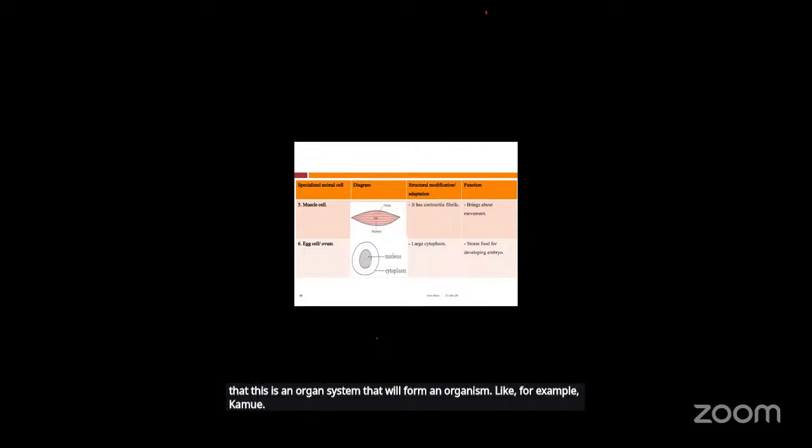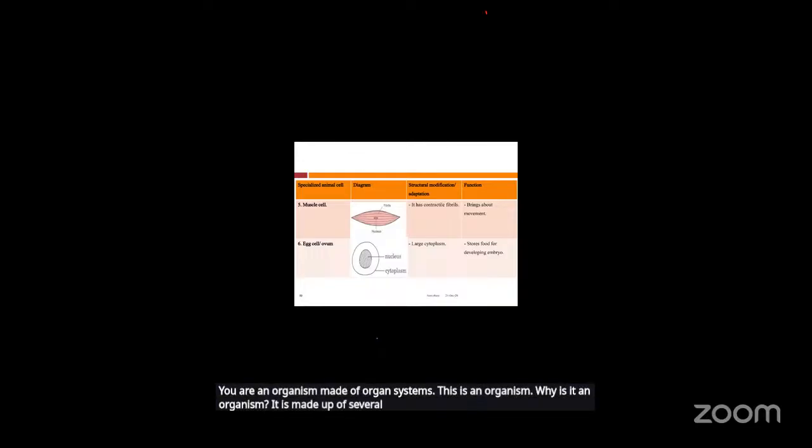Like for example, you are an organism made of organ systems. So when we look at this, we say this is an organism. Why is it an organism? It is made up of several organ systems. What are these organ systems? Reproductive system, respiratory system, circulatory system.